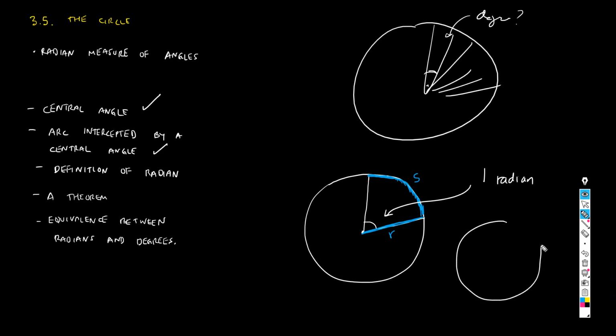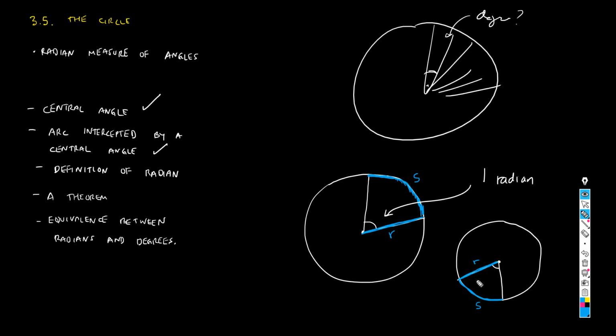If you have a circle, you have its center, and if you happen to draw a central angle over here in such a way that the length of the arc intercepted by such central angle, which I'm going to represent by S, happens to be the same as the length of the radius, which is this bit, or this bit, it's the same, right?